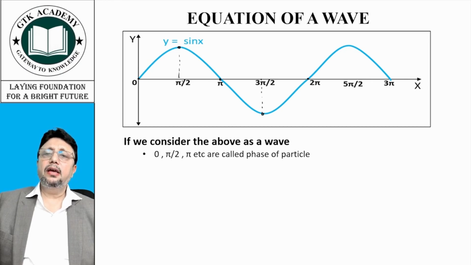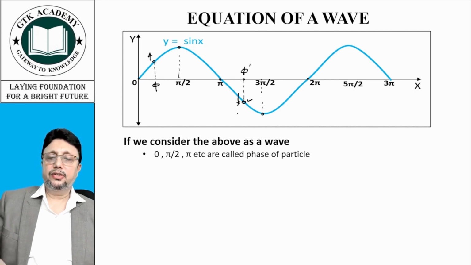At any place, for example, if you have a phase like phi, that means the particle is here and it is moving upwards. Suppose there is a particle here which has a phase of phi dash, that means the particle is here and it is moving in the downward direction.